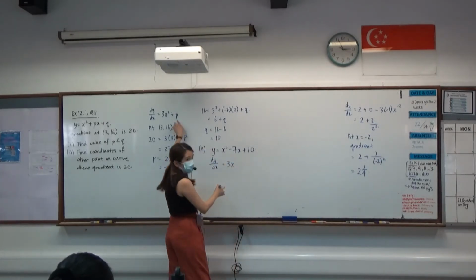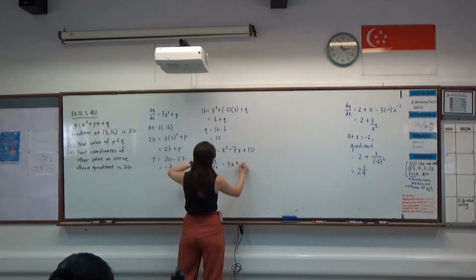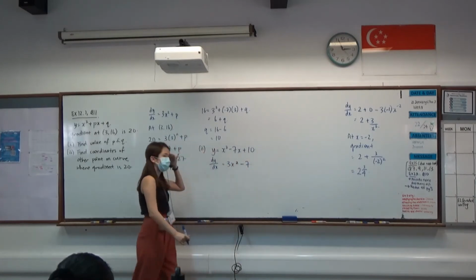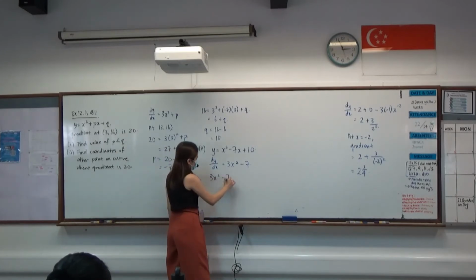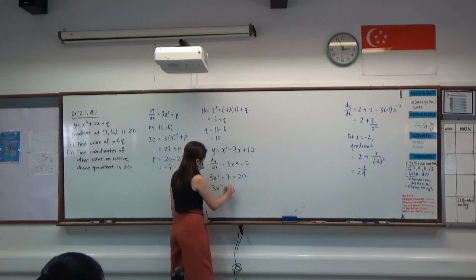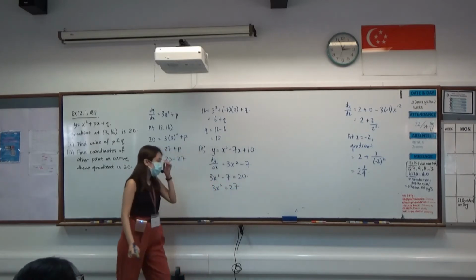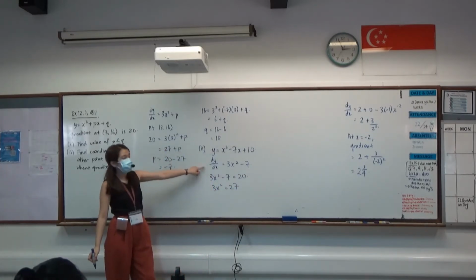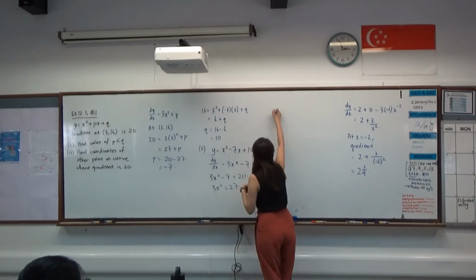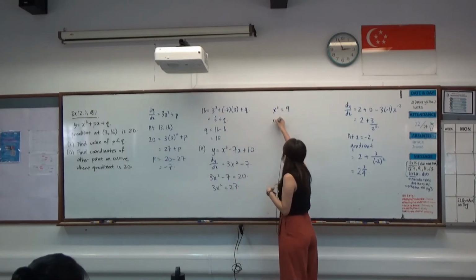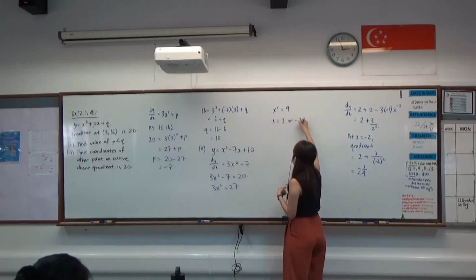Sub in the p. Okay, then I find x. Alright. Okay, so what everybody suggested is we find using the derivative, equate that to 20, and solve for the value of x. So x squared would be 9, x is 3 or -3.